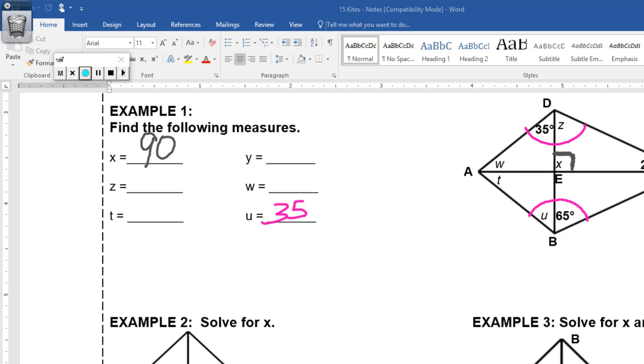Then we look at the right side, and on the right side of the angle we have 65, which has to be the same as letter Z. The next one we can use is our property that says that the longer diagonal is going to cut the opposite angles into equal parts. So this has to be equal to this. So if the top angle is 25, y has to be 25.